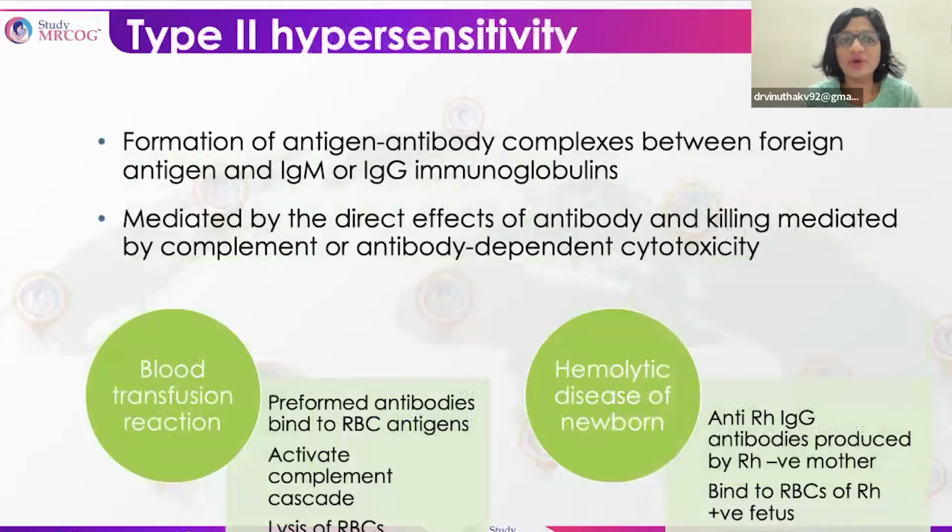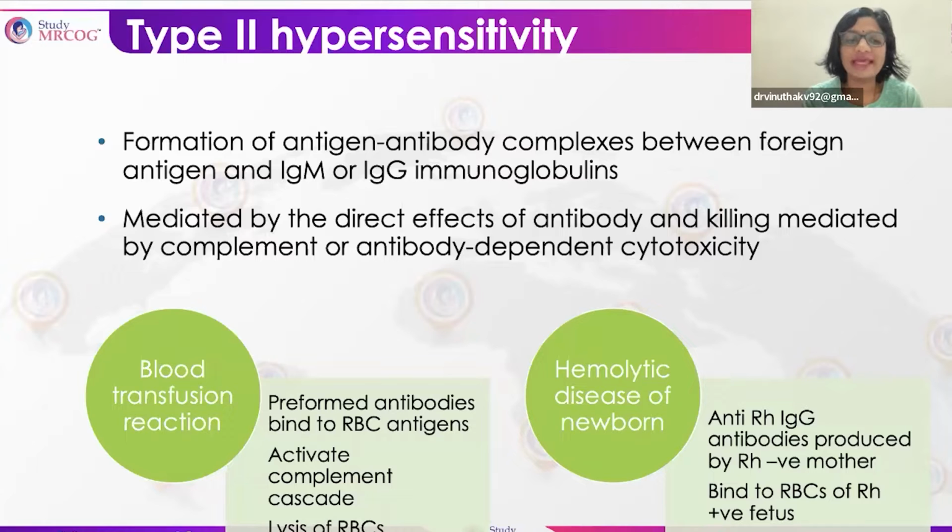Moving on to type 2 hypersensitivity reaction. This is the formation of an antigen-antibody complex between a foreign antigen and IgM or IgG immunoglobulins. This is mediated by direct effects of the antibody and killing mediated by complement or antibody dependent cytotoxicity.